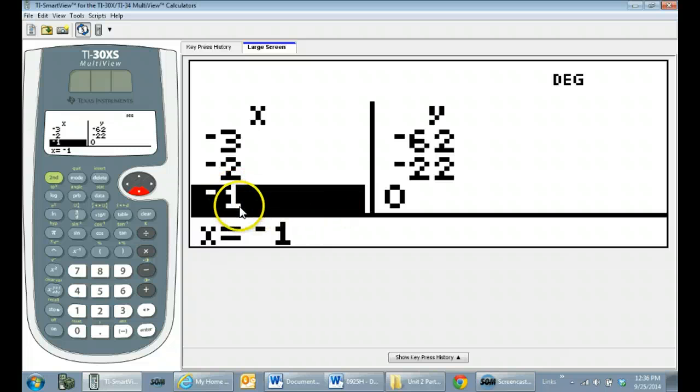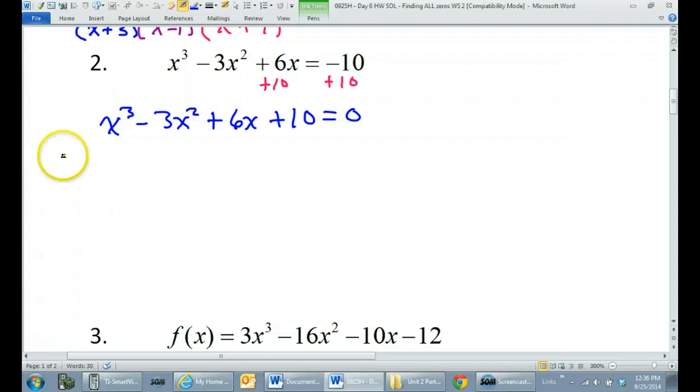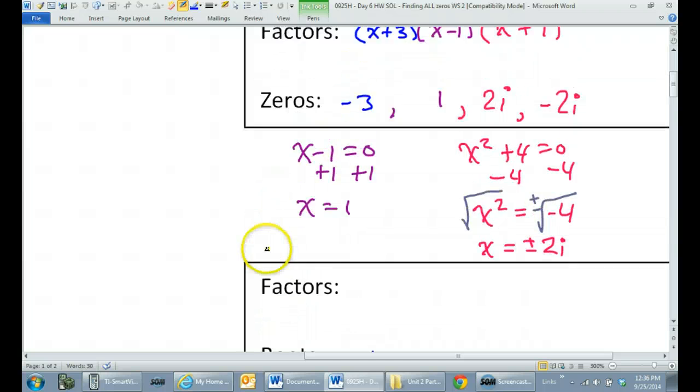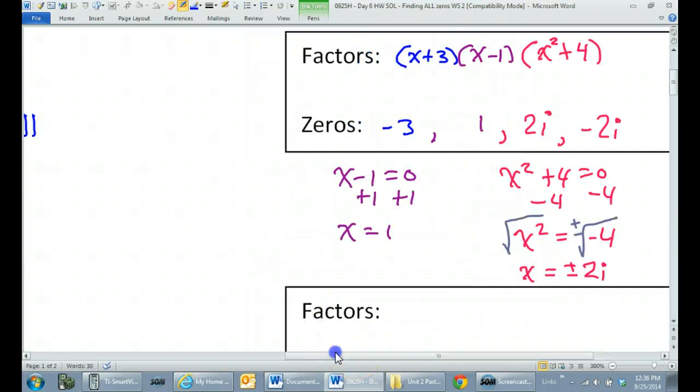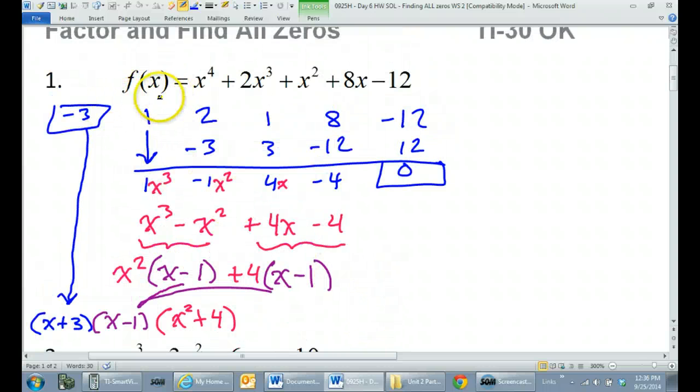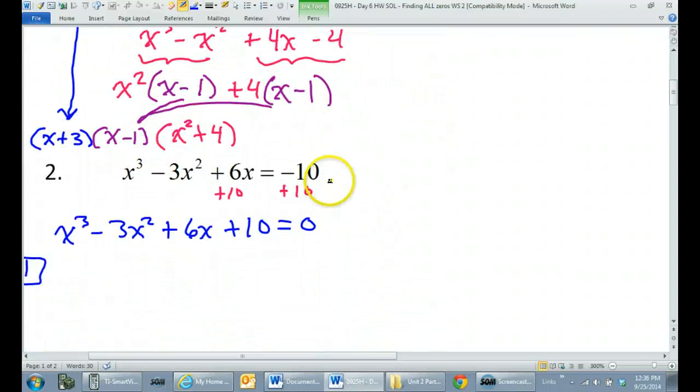Okay, so I find a 0 at negative 1. So let's use that. So if I do my negative 1, which by the way, I might as well put that root. And here I'm using the word roots, okay? And before I used the word zeros. Technically you find the zeros of a function, you know, f of x, but you find the roots of an equation like this.